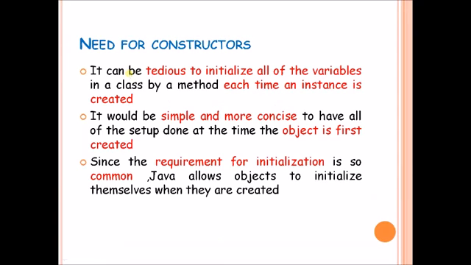Instead of creating, as we saw in the previous example, a set method in order to initialize all the variables for every object creation, it would be simple and more concise to have all the setup done at the time the object is first created. Since the requirement for initialization is so common, Java allows objects to initialize themselves when they are created.